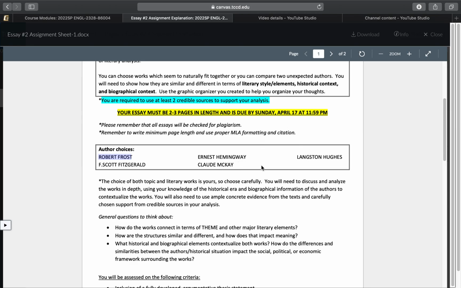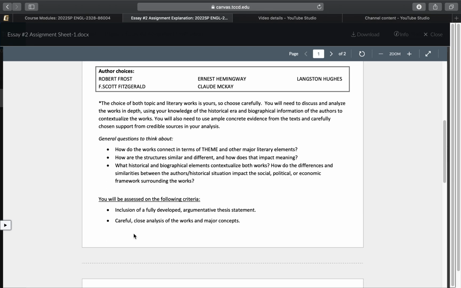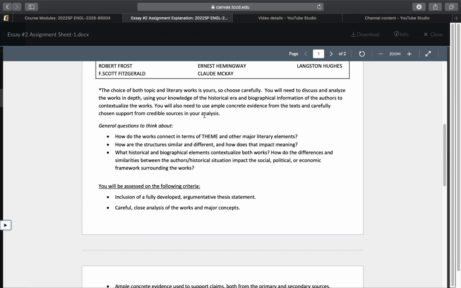You could talk about certain lived experiences between these authors. You could look at Hemingway and Fitzgerald, obviously both expats living in Paris post World War I. How did that shape their understanding of people and humanity and conflict? There are a lot of ways you could do this, and that's why I'm leaving it up to you.